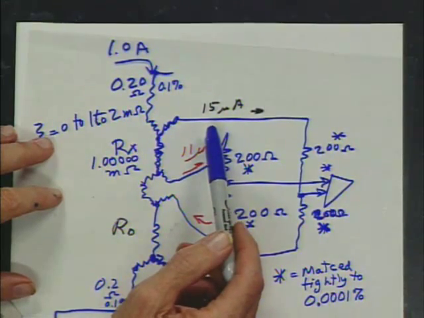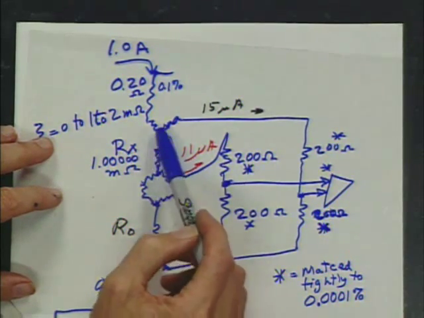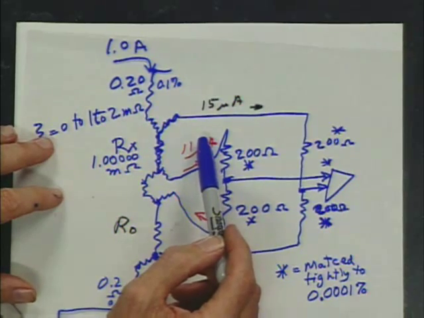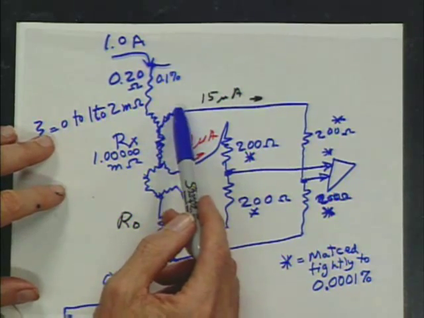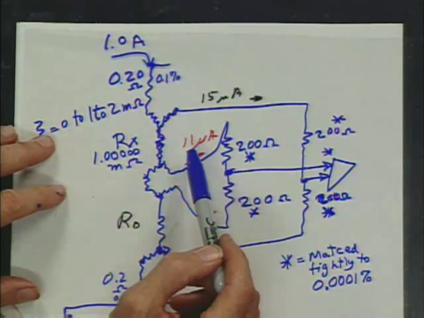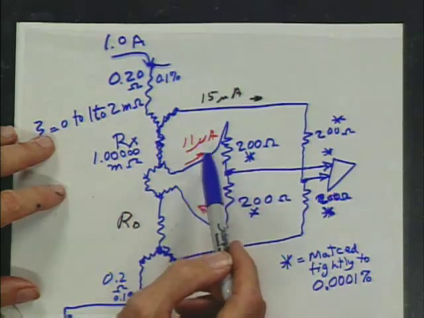Not a big signal at all. Well, 45 nanovolts is 45 parts per million of the 1 millivolt signal, which means if we can't avoid this 45 nanovolt signal, we're in trouble. We're going to lose all our accuracy.